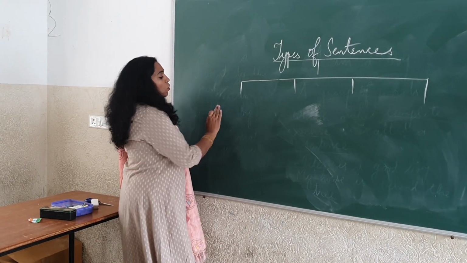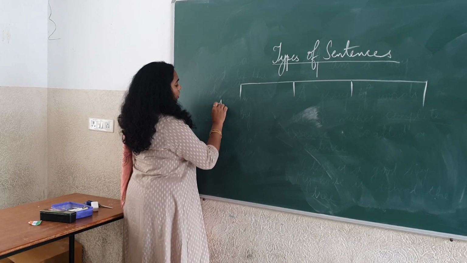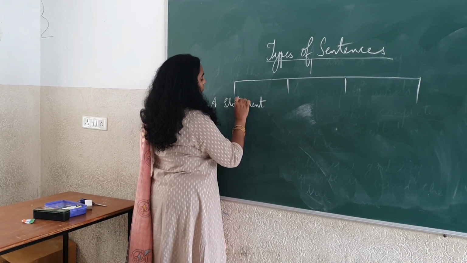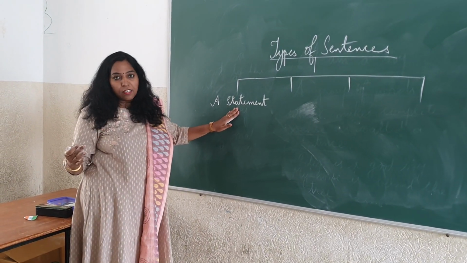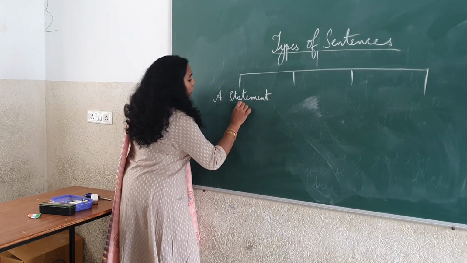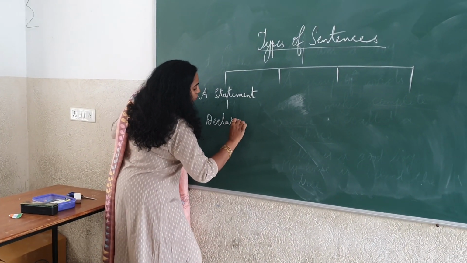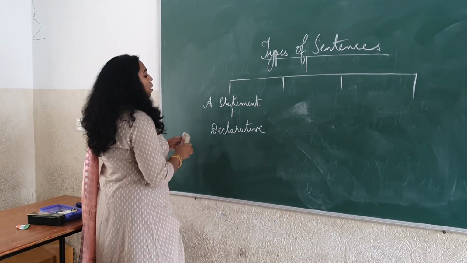Alright. Now, one is called a statement. Okay? As you go to higher classes, you will call this a declarative sentence. Maybe I will introduce the actual word and then come to a simpler word.